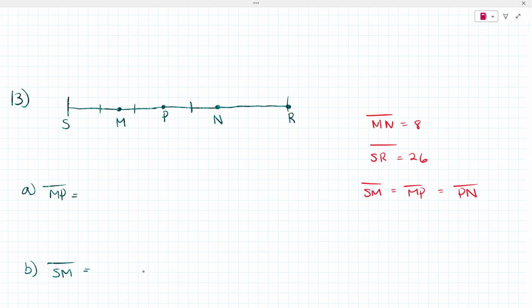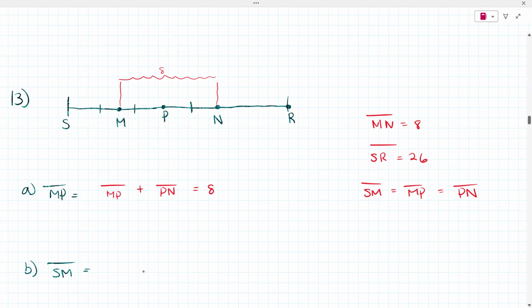And we also know that MN is a mixture of MP and PN, and it should equal 8.